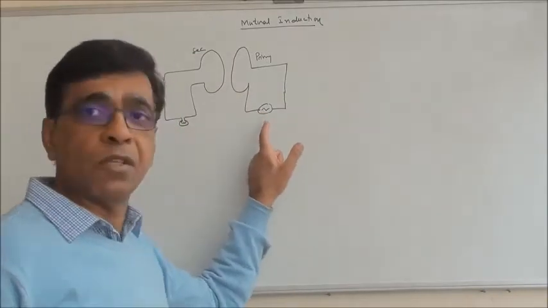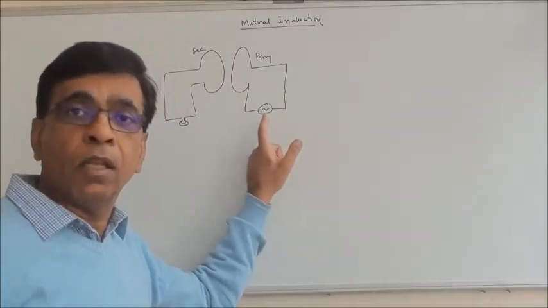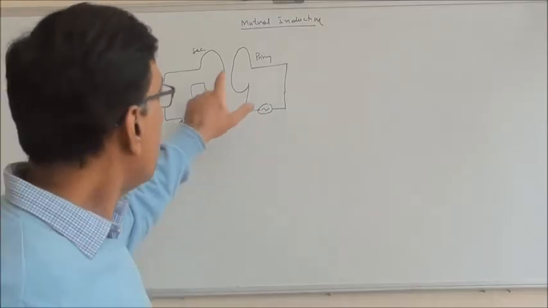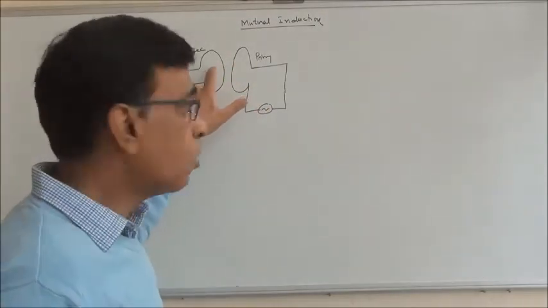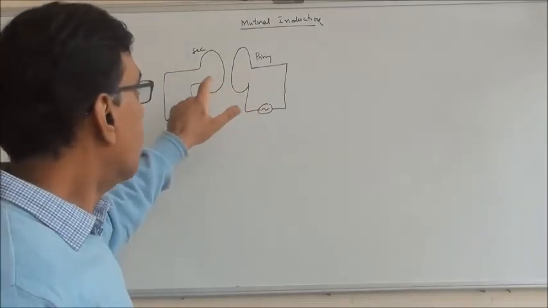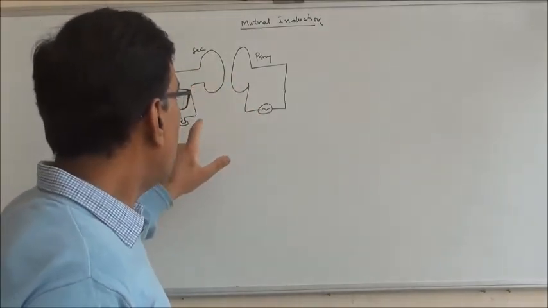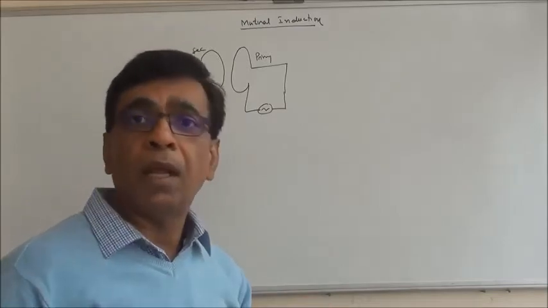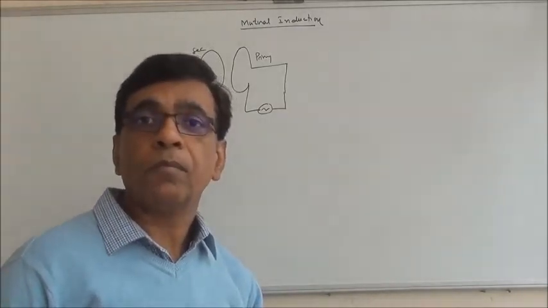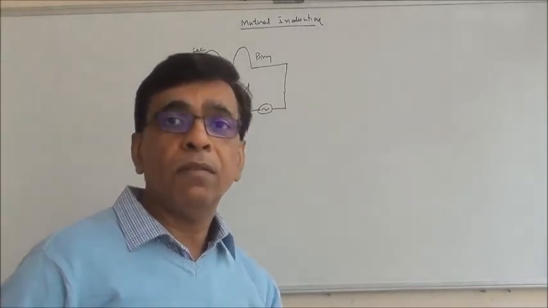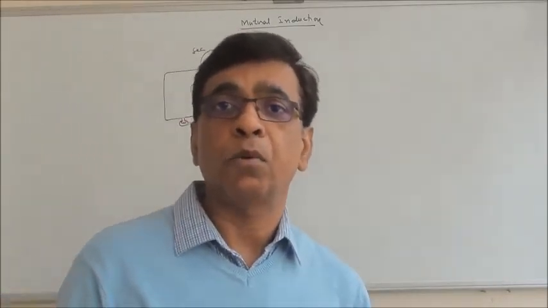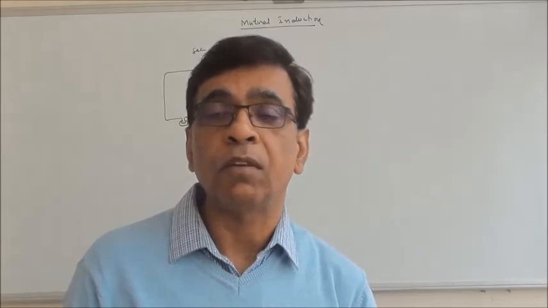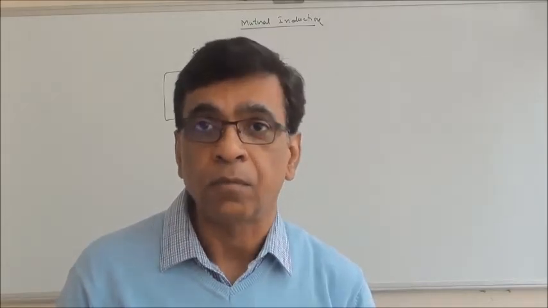If I use a DC source here, then what will happen? When DC is passing through it, again there is a magnetic field. This magnetic field will pass through it, and there is a flux associated with it. But will the bulb light up or not? Actually, we have discussed so far that a current is produced or EMF is induced whenever the flux is changing.